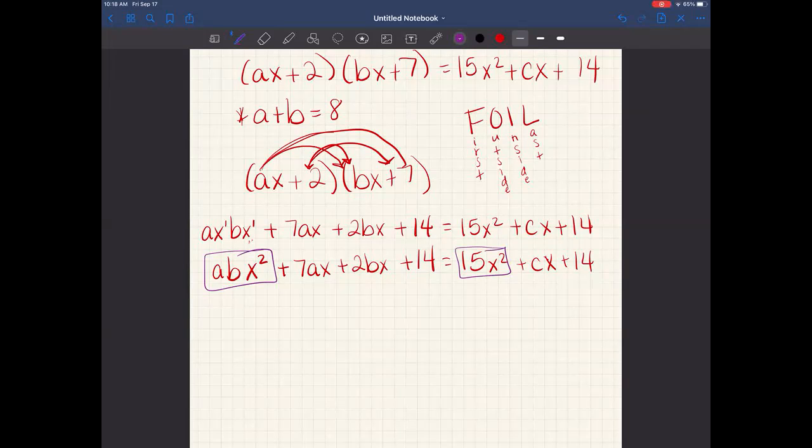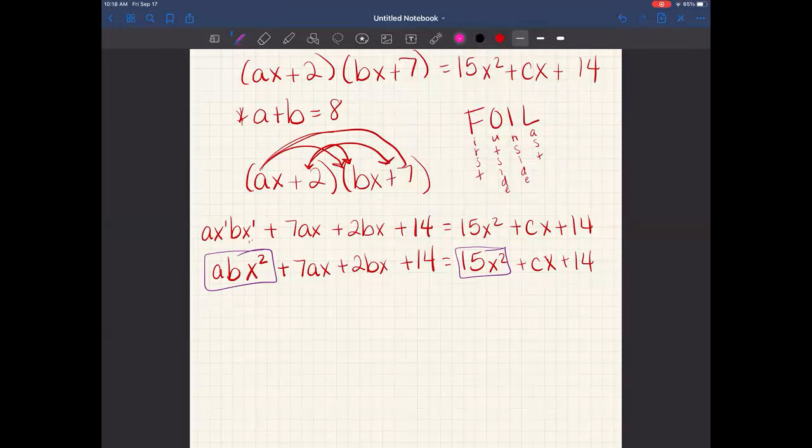So the way you have to see this, and it's a little bit weird, is it's really telling you this polynomial is the same as this polynomial. And when you're looking at that, your goal is to match up your letters with the other side. Okay, so my x squared and my x squared.